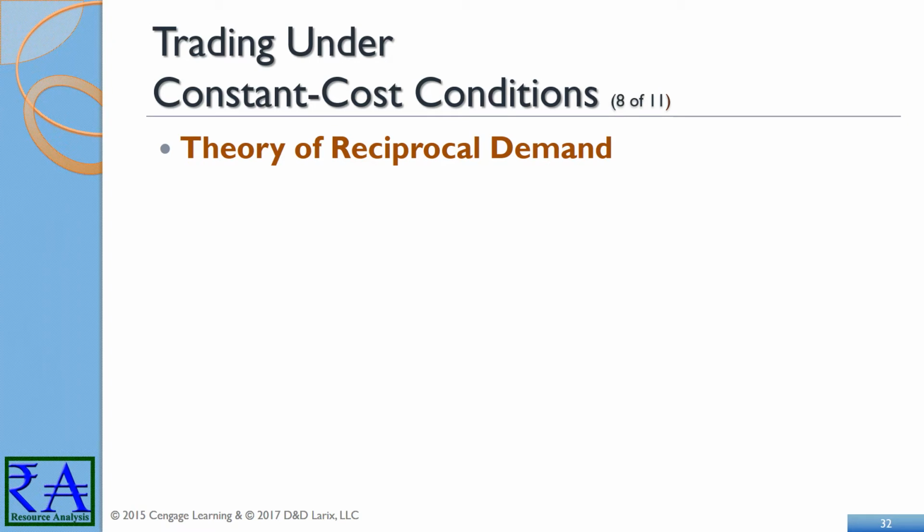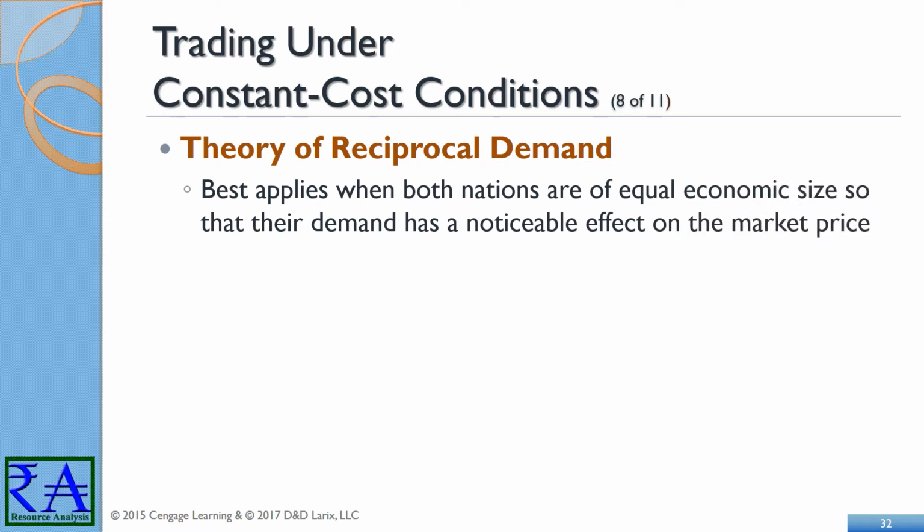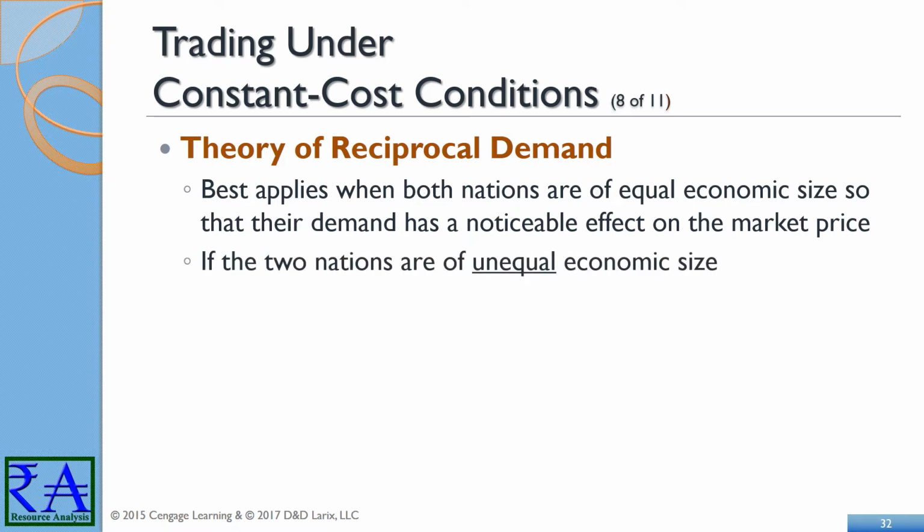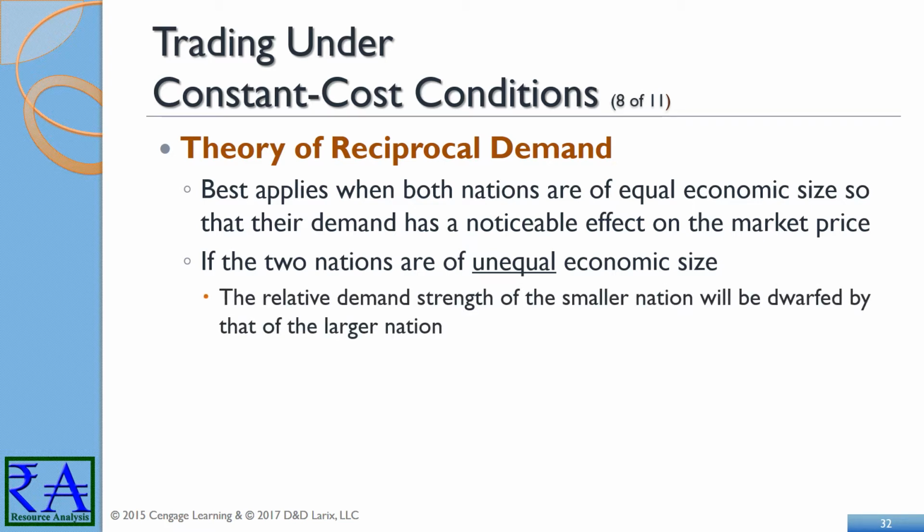The theory of reciprocal demand steps in when we consider two nearly identical nations, in terms of population and wealth, engaged in trading activities. Given the similarity of their economic profiles, their factors of demand will have a pronounced effect on market prices. Consumption and trade gains will be noticeable, and market prices will show signs of improvement.